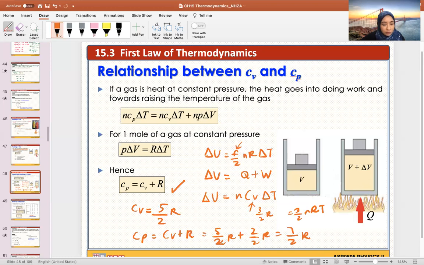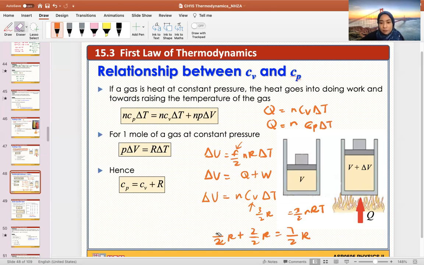But that is for delta U. For Q, you must use them. Q is nCV delta T or nCP delta T, constant volume or constant pressure. For delta U, you have a choice. So that is that for the molar specific heat for gases.